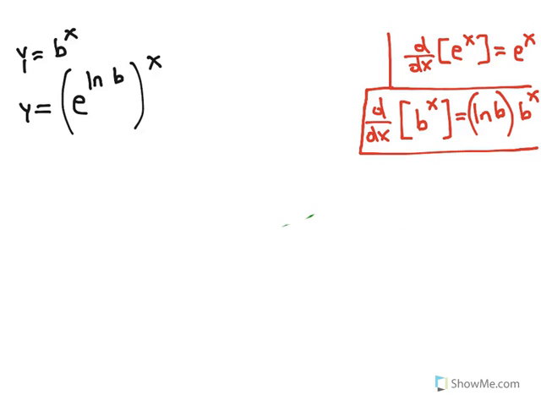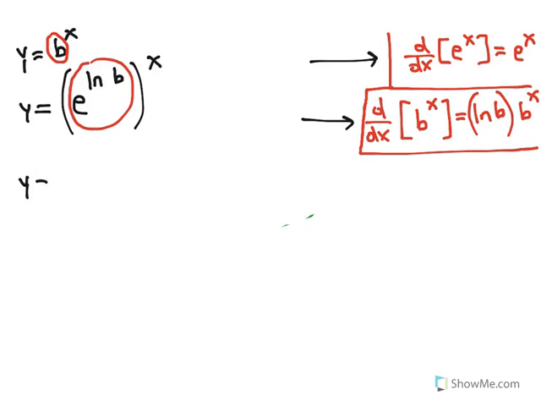So now you understand that the base b can be rewritten as we've done here. And the purpose for doing that is now our function has been rewritten so that we have the base e. So now we're one step closer to being able to use what we already know to come up with our new differentiation rule.